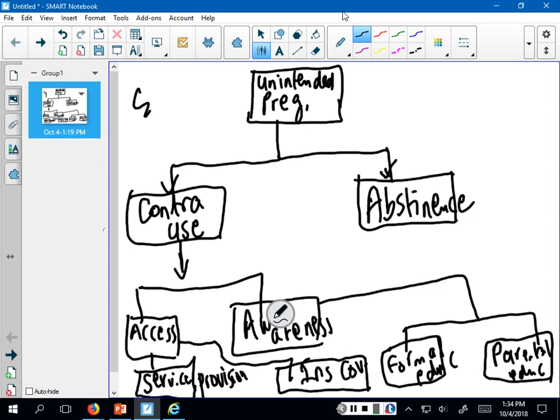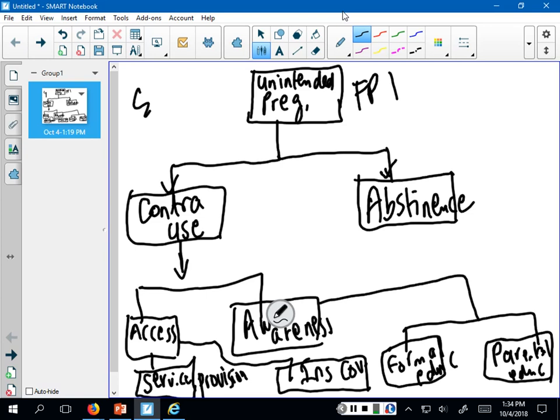Okay. So which objective in Healthy People 2020 addresses the level of intended pregnancies? FP1, right?